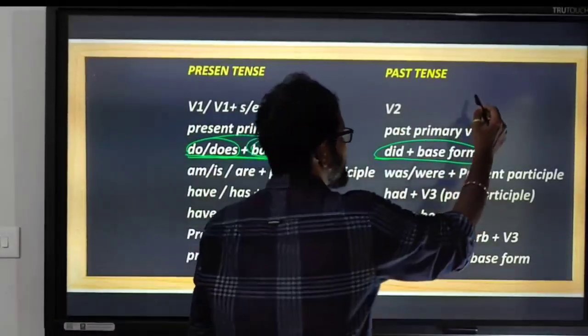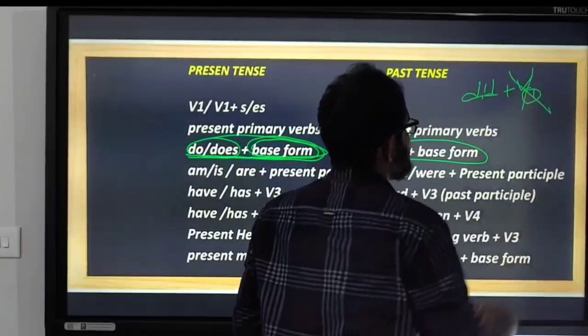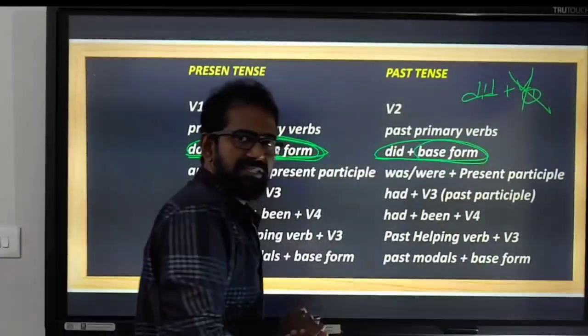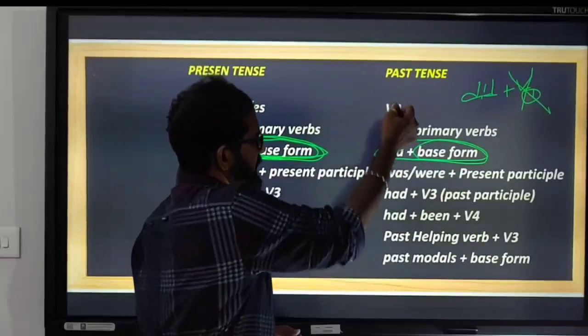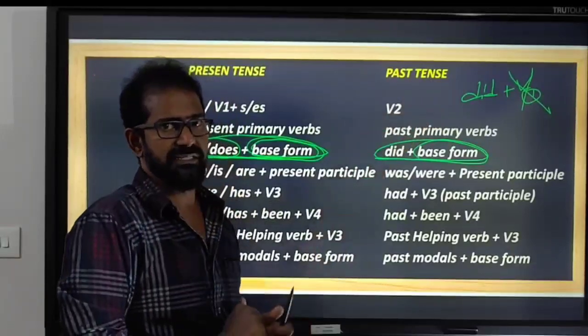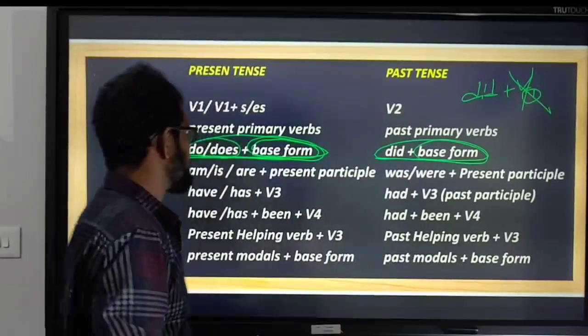Mostly you might have heard people saying did plus V1. Here it is wrong again. We don't use the present form V1 after did, we use only the base form after did. You need to remember that. So did plus base form is used in past tense negative sentences and past tense questions.